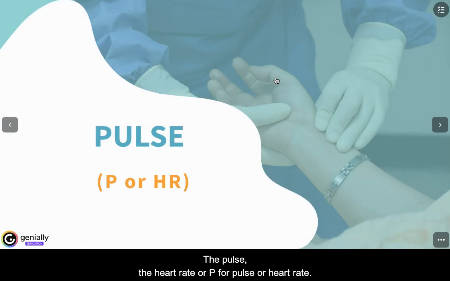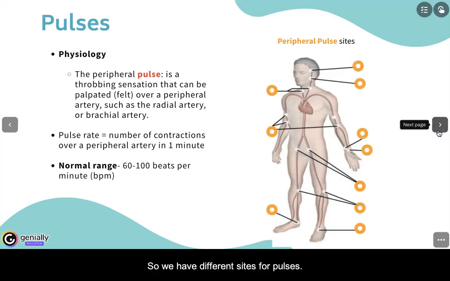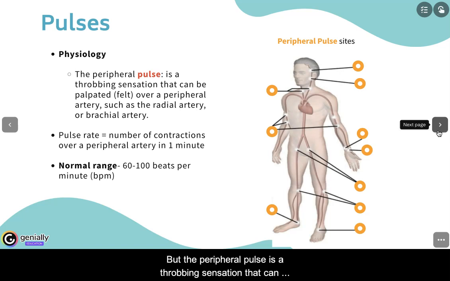The pulse, or P for pulse, is the heart rate. We have different sites for pulses. We'll go over the sites in a minute, but the peripheral pulse is a throbbing sensation that can be palpated, or felt with your fingers, over a peripheral artery, such as the radial artery or brachial artery.